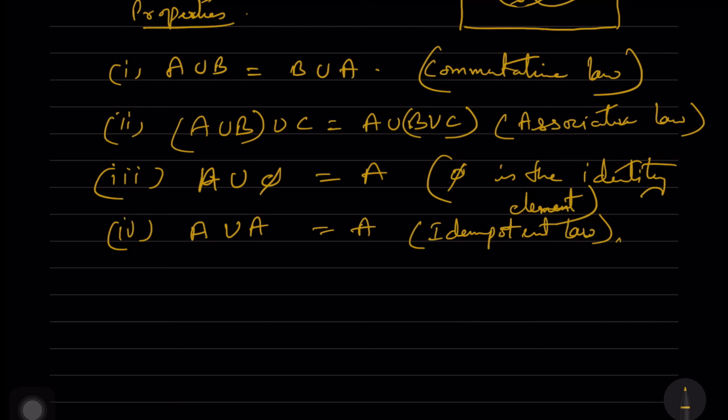That means the union of itself is nothing but A itself. Then the fifth one: what is universal union A? Because universal is the biggest set, universal union A is equal to nothing but U. This is law of universe or law of U.